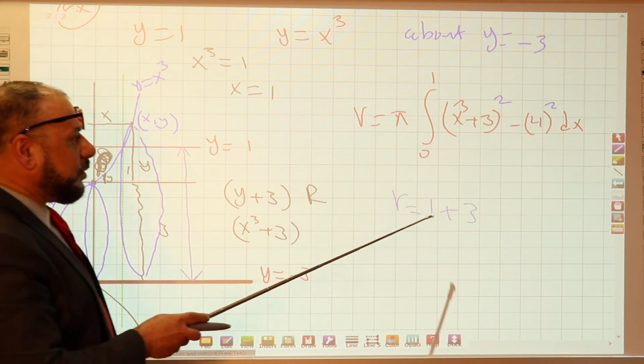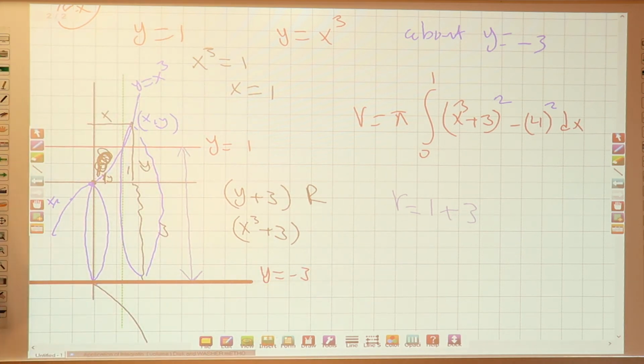Then all you have to do, let me move this a little bit to finish my integration quickly for you. Sometimes I'm going to leave some integration for you. Let me just put R equals 3 on this side.